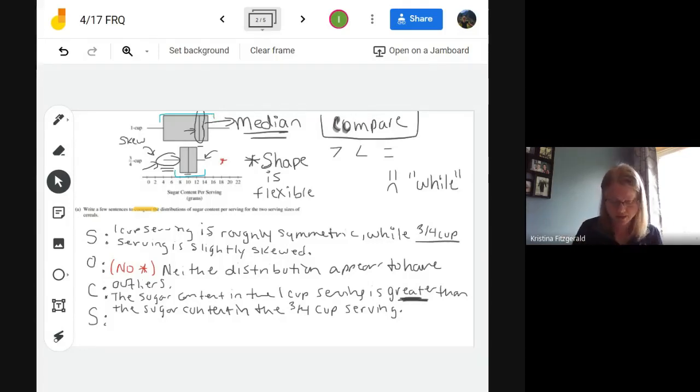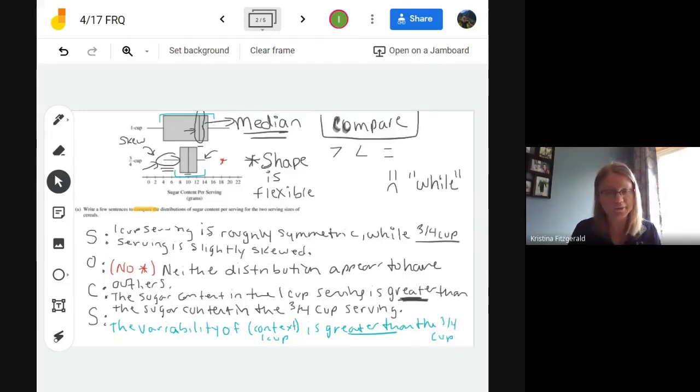You can just say the variability of, and then context again. So the variability of the 1 cup is going to be greater than the 3/4 cup because the box is wider. That shows more of a spread in the middle part of your data with that box being wider. So the 1 cup is greater than the 3/4 cup. And that would be it.